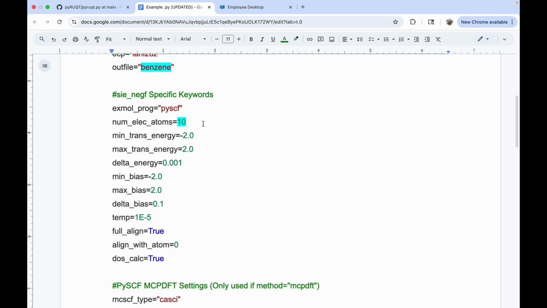The rest of the settings here are pretty standard. For instance, minimum transmission energy would be -2 to 2, and that's the amount of electron volts that it's going to scan to and from. The delta energy, min bias, max bias, delta bias, temperature, full line, align with atom, and DOS calc, which is density of state. These are all things that you might change, but these are pretty standard, and at least for my personal project and a few of the other projects that we are currently working on, we do not change these.